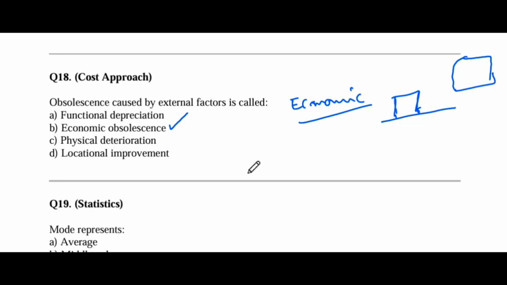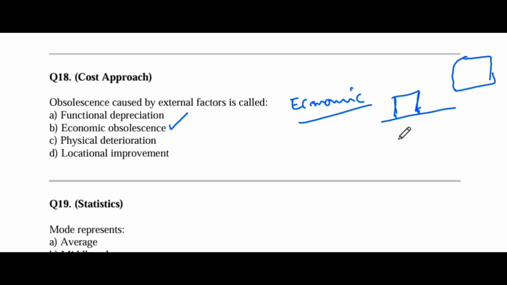Another example for economic obsolescence we can discuss: increasing crime rates or general deterioration of the area. If the crime rate increases in that particular area, obviously that is not under the control of the property owner or property association, so the value will decrease.